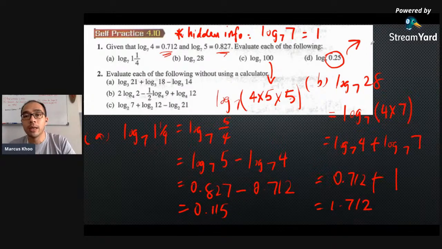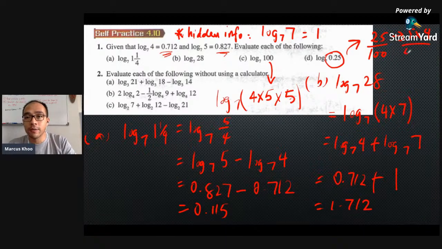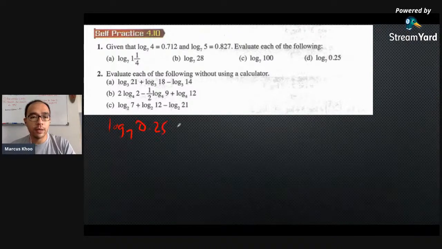Okay, this one can be 0.25 is 25 over 100. 25 is 5 times 4. 100 is over here lah. You've already done this. 4 times 5 times 5. Begini. Actually, we should do this last one. It's pretty interesting. Okay, so log 7 of 0.25 is log 7 of 25 over 100.